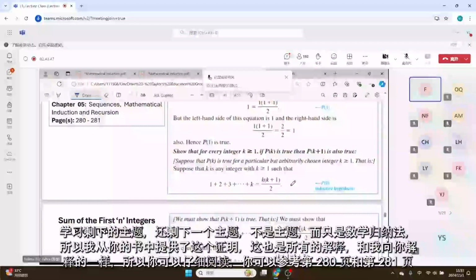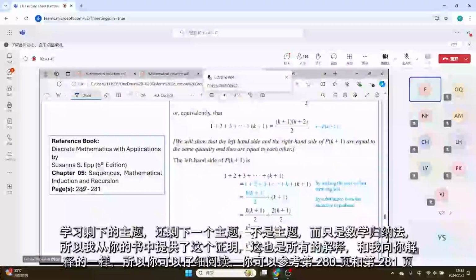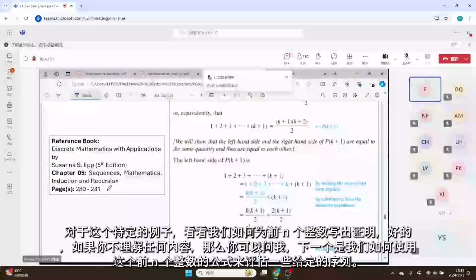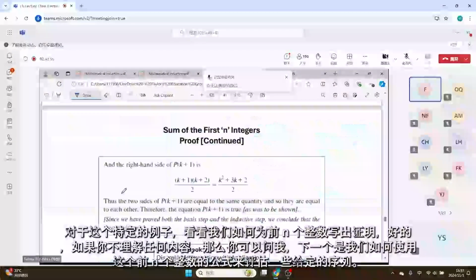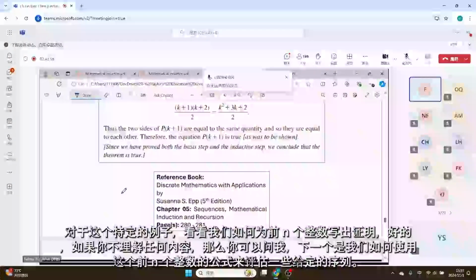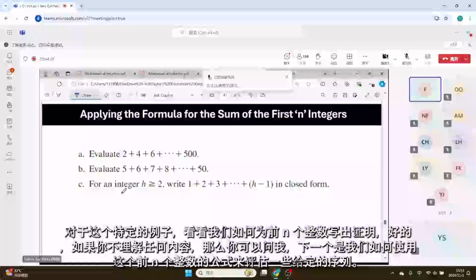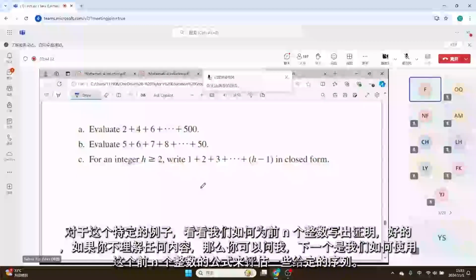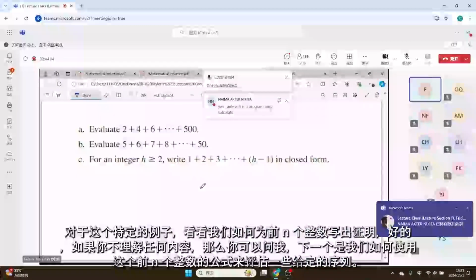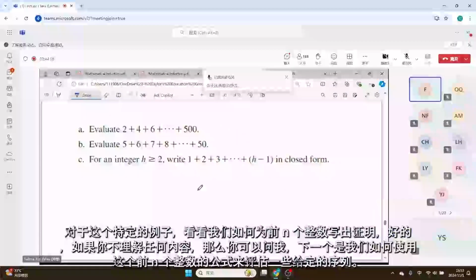You can go through that and refer to pages 280 and 281 for this particular example to see how we write a proof for the first n integers. If you don't understand anything, you can ask me. Next is how we can use this formula for the first n integers to evaluate some given sequences.